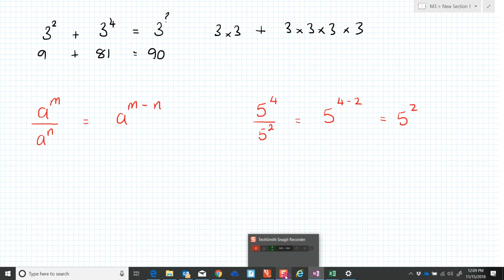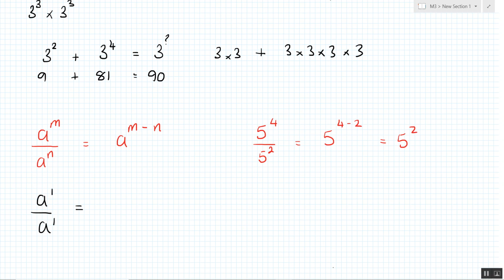Okay, got it? So a squared. Let's have a look at one thing. You're quite right in saying a to the power of 1 is just a divided by a. I thought I was helping you out by sticking with 1. Then what you would do is a to the power of 1 subtract 1, which is a to the power of 0.